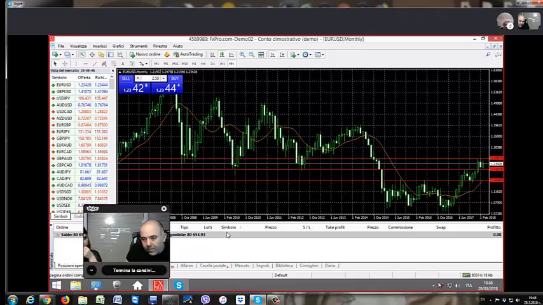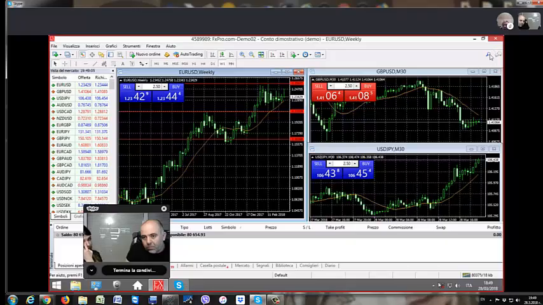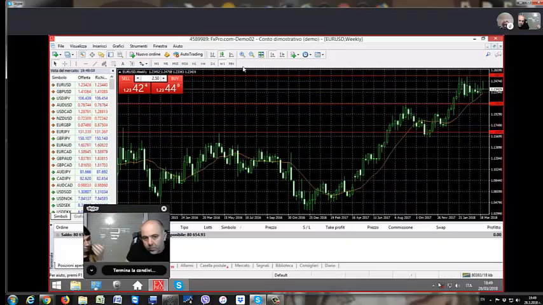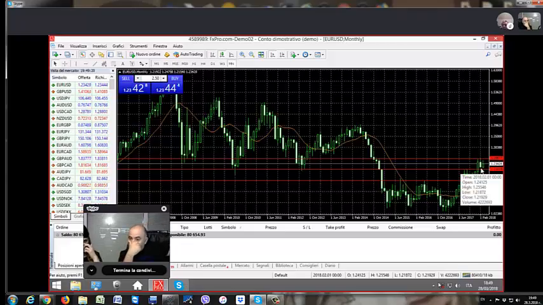Do you remember what was the signal on 4 hour on weekly? On the weekly, we have 1.21.10. So if the weekly moves down, the monthly moves down and changes bias from up to neutral.